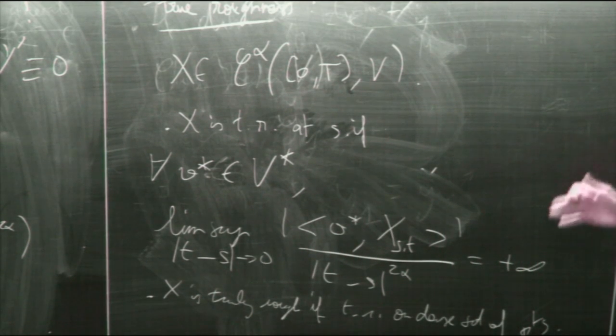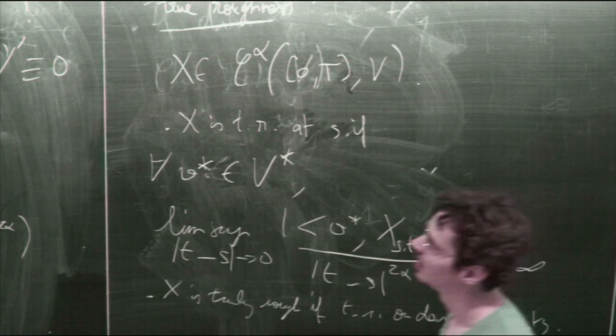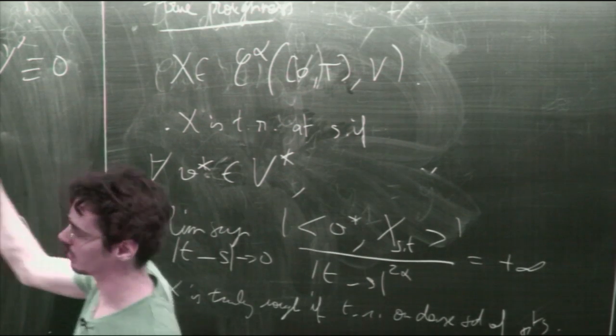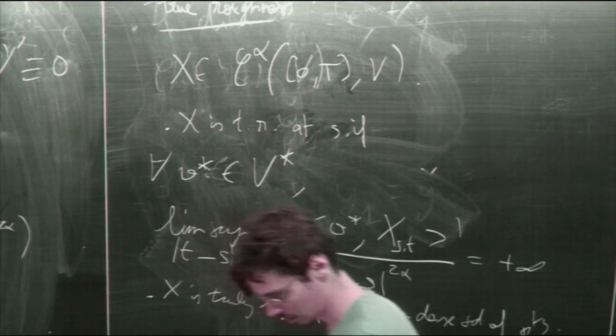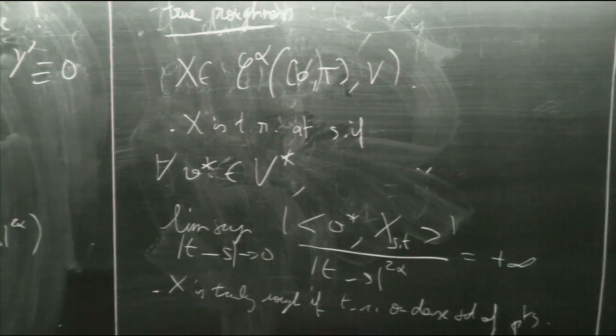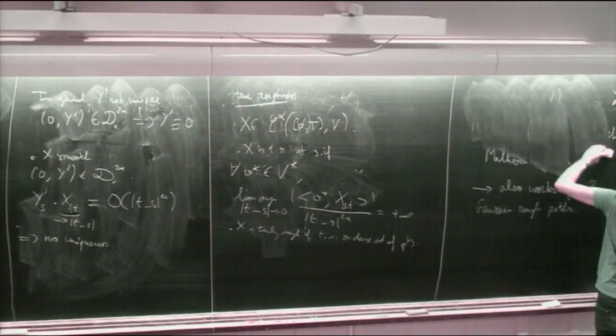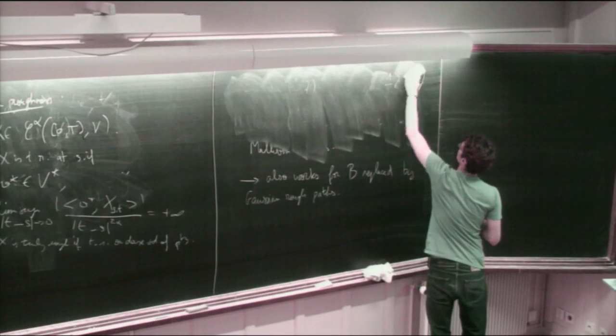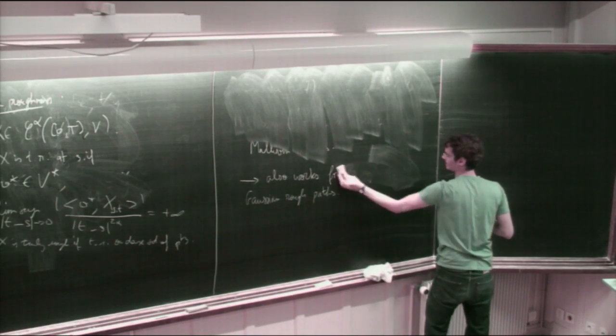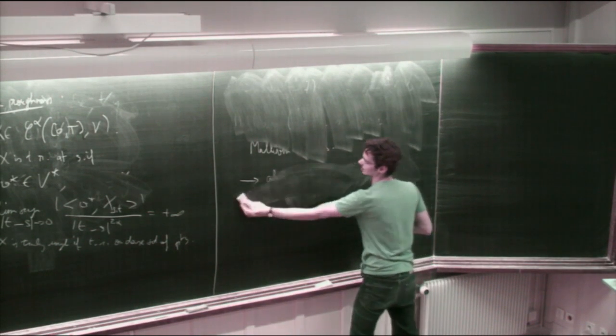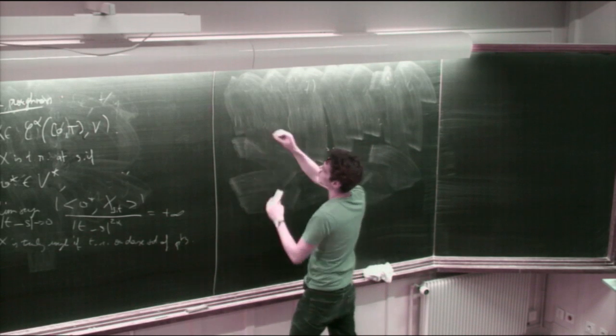And this definition is basically exactly made so that this holds, okay? And it's quite easy to prove. I will not do it. I just leave it as an exercise, or you can look in Peter's book. Proposition.